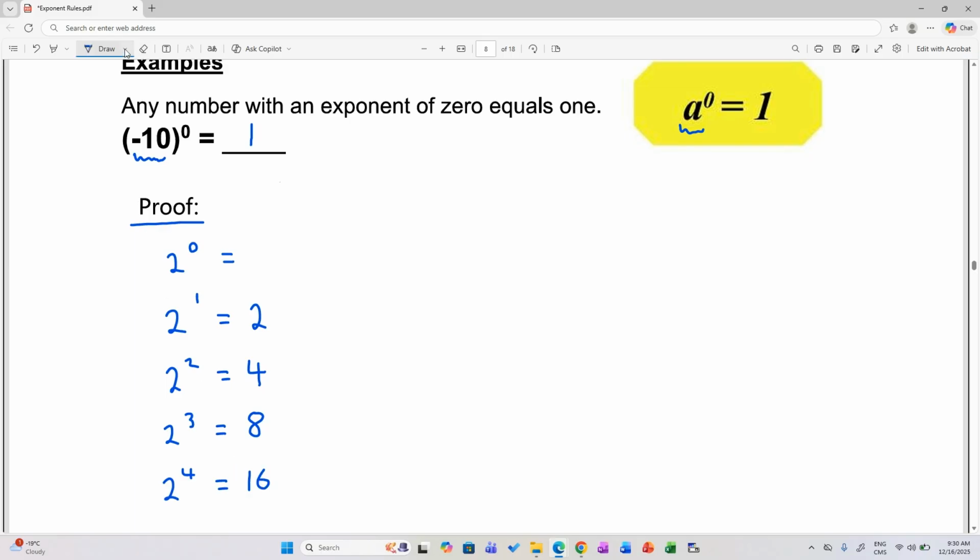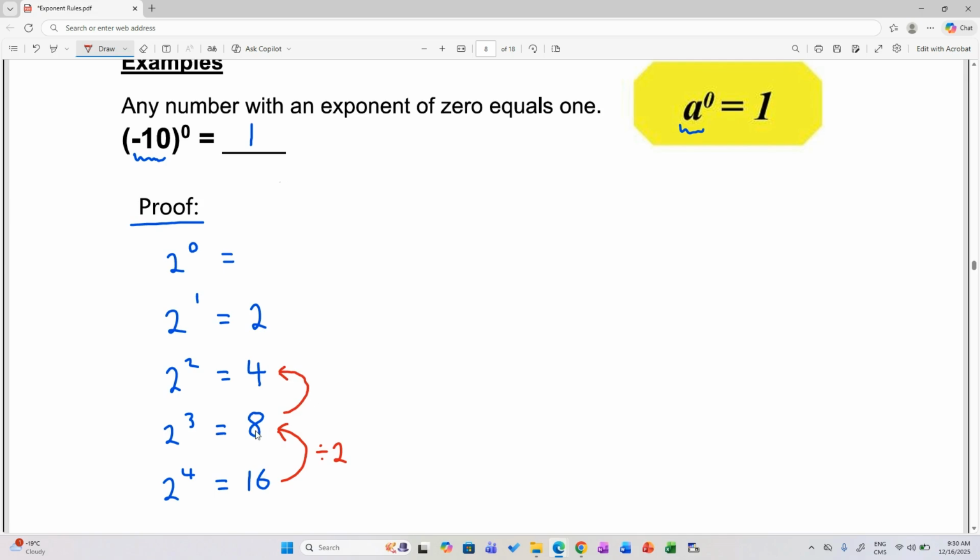Now, I'm going to ask you guys a question here. Is there a way for me to get from 16 to 8 by dividing by a certain number? So what can I divide 16 by in order for it to become 8? The answer would be 2. If I divide 16 by 2, I get 8. Okay. And now let me ask this other question.